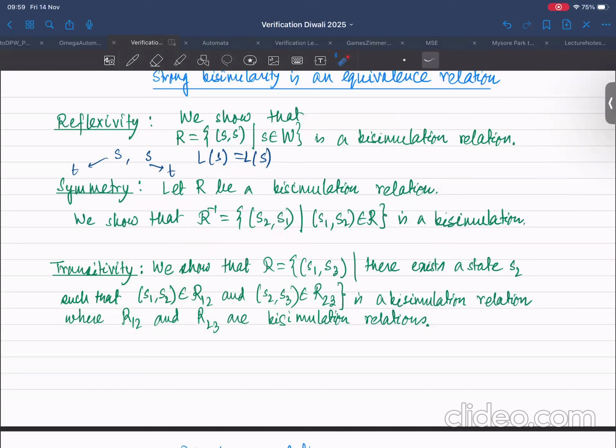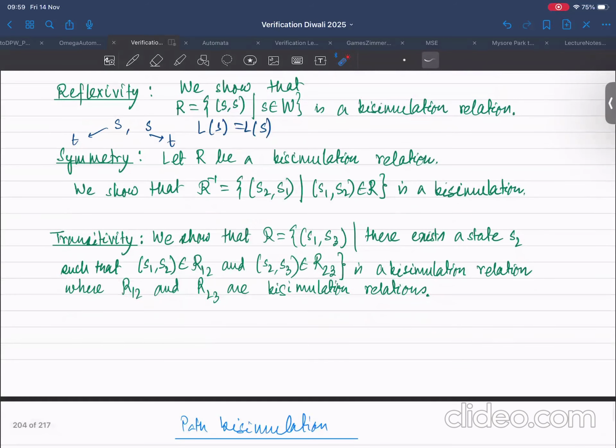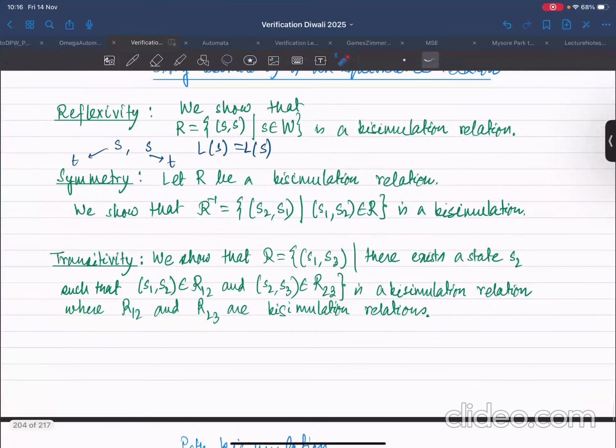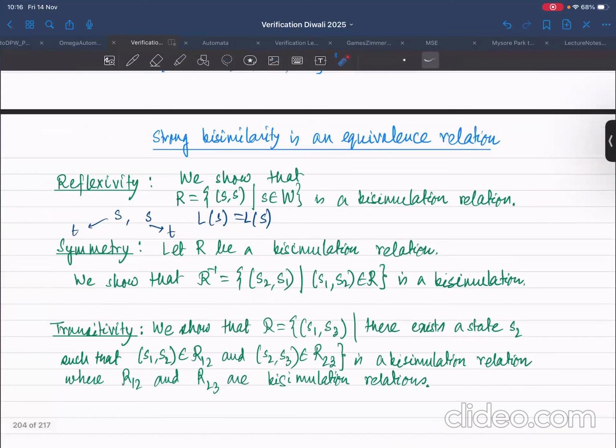And you can also talk about transitivity, right? So how are you going to define transitivity? Essentially, you can define a relation R. Okay, so we were saying that strong bisimilarity is an equivalence relation. We saw that it is reflexive as well as symmetric. And we also want to show that this is transitive, right?